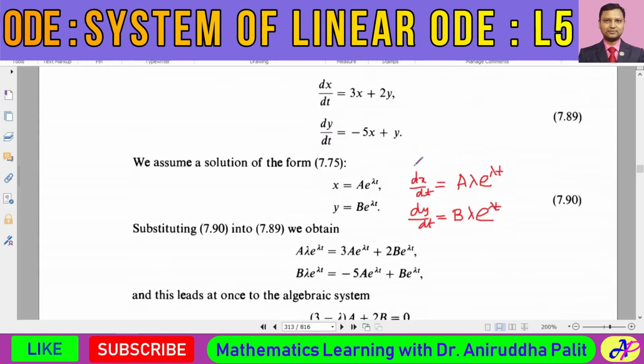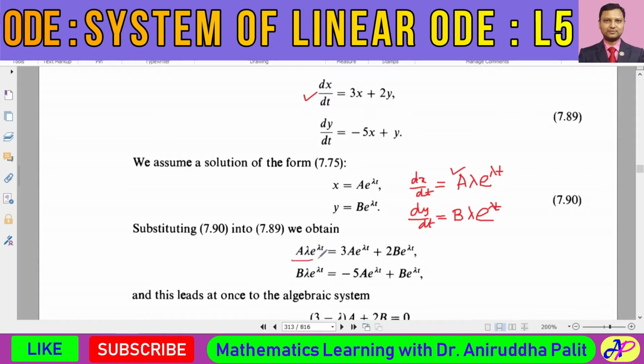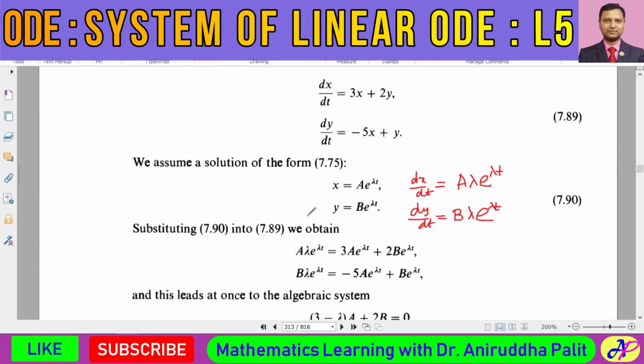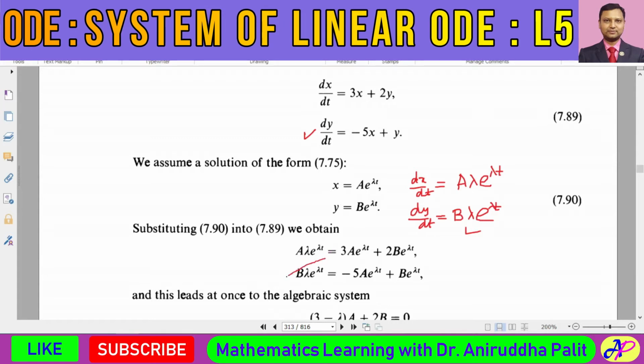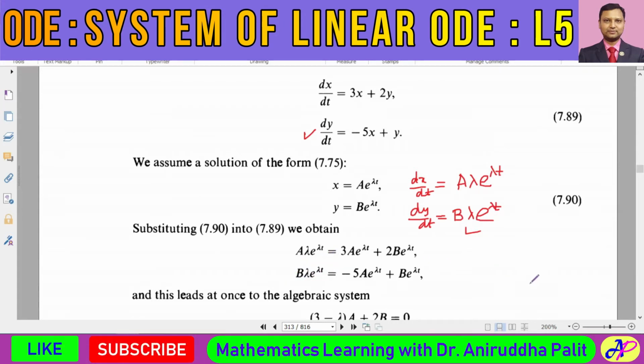You see over here, in place of dx/dt, we have used this expression a lambda into e to the power of lambda t. Similarly, in place of dy/dt, we have used this expression b lambda into e to the power of lambda t.